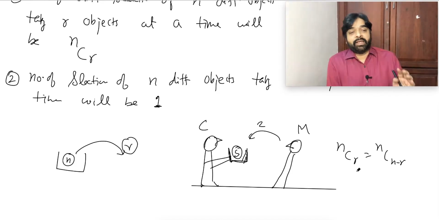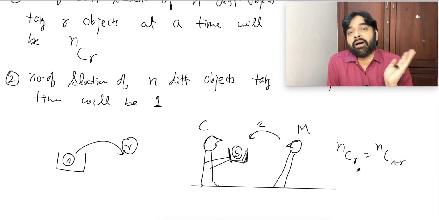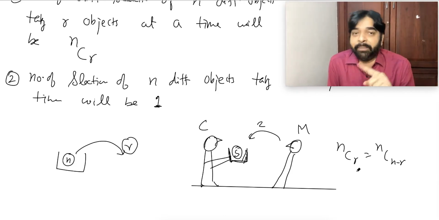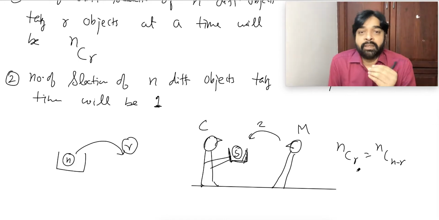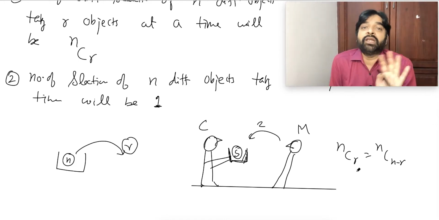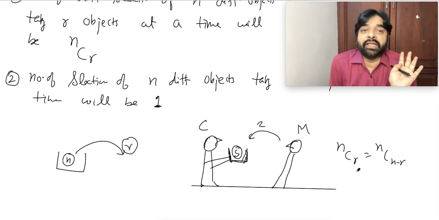Whenever there is an R object selection, that means an n minus R object selection also takes place at the same time, and the number of selection ways will be the same. Because however many times Manku selects, that many times only Chanku is selecting. If Manku does not select anything, Chanku will also not select. So the selection process works vice versa.